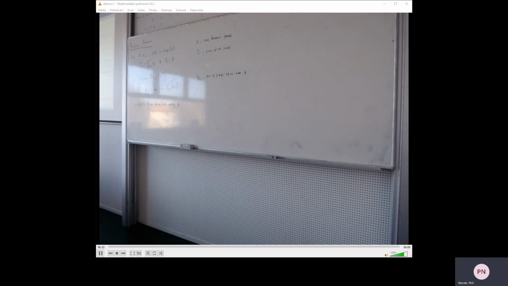Yeah, we can define the process alternatively by saying that it starts at 0, its increments between points t and s have the Poisson distribution with parameter lambda times t minus s, and that the increments of the process are independent.